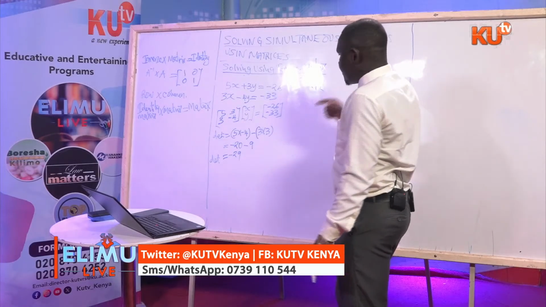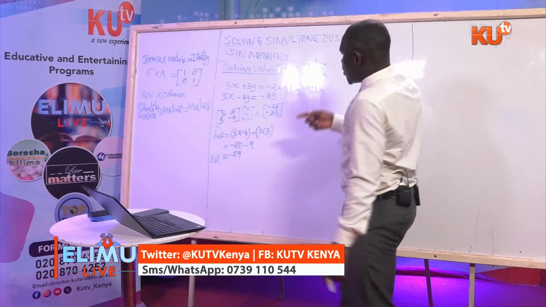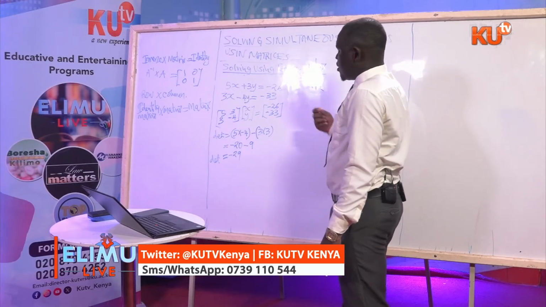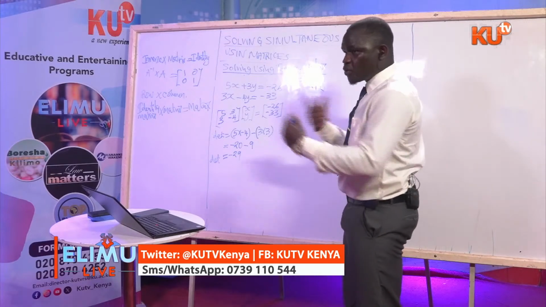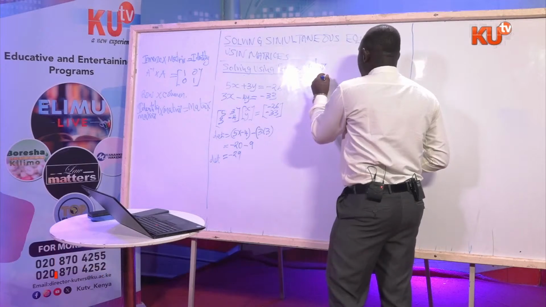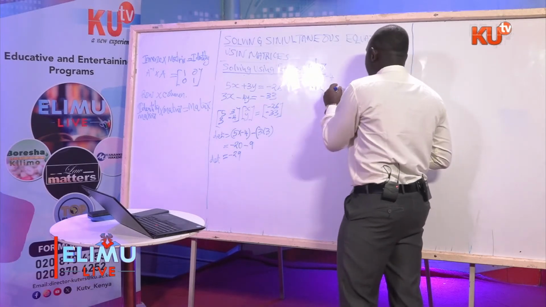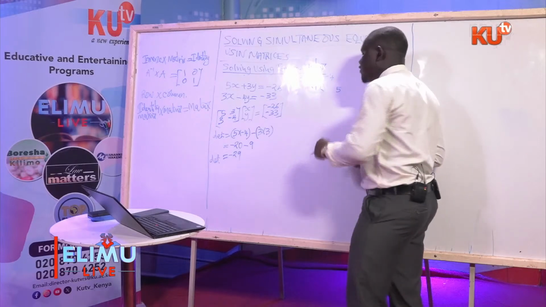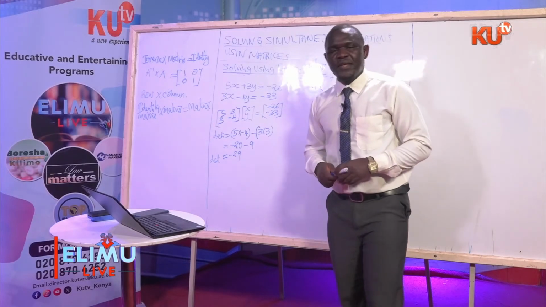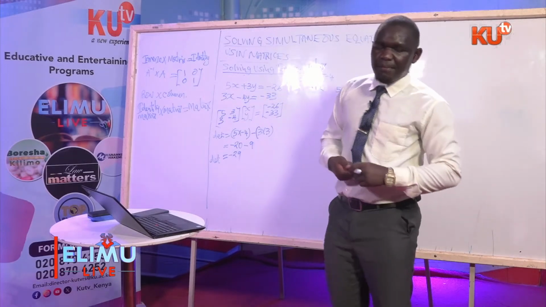be very keen, the values in the main diagonal interchange their positions. So we had 5 on top, negative 4 at the bottom. We are going to swap their positions such that the position of 5 is being taken by negative 4. Then the position of negative 4 at the bottom here is being taken by 5. I've swapped the position of elements in the main diagonal. What about the elements in the minor diagonal?